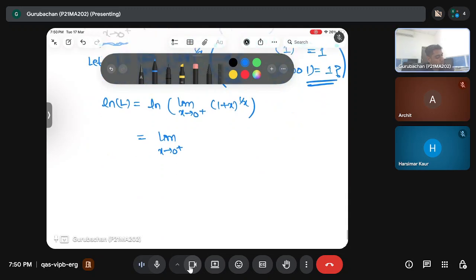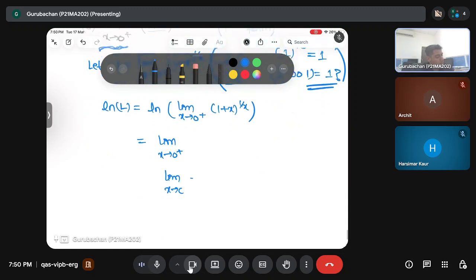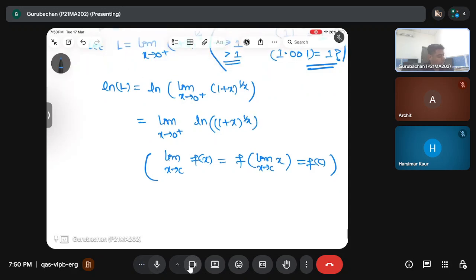Recall that limit of x tends to c of f(x), we learned from one problem solving session, is nothing but f of limit of x tends to c of x, that is f of c, right? So this is the same step. Clear? Any doubt, Archit? No, sir. So this will give you ln(1 plus x) divided by x. Now tell me what is the form of this expression?